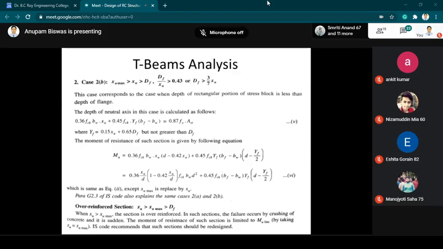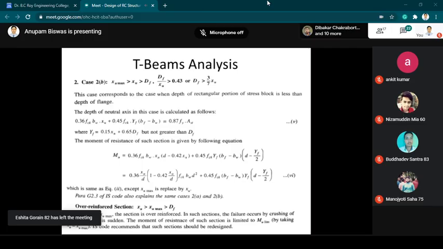Finally, the moment of resistance Mu can be found by multiplying the lever arm. For the rectangular portion, multiply d minus 0.42 Xu.